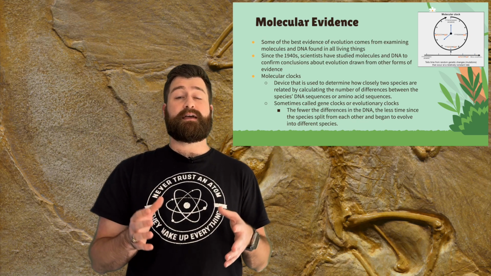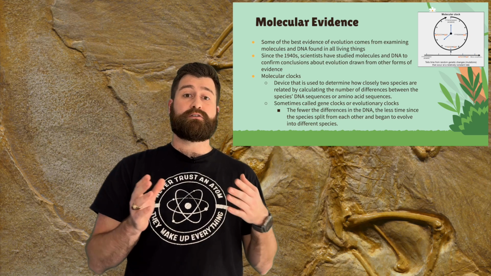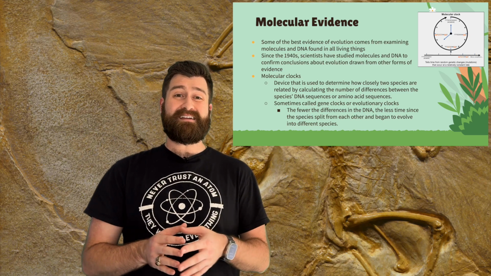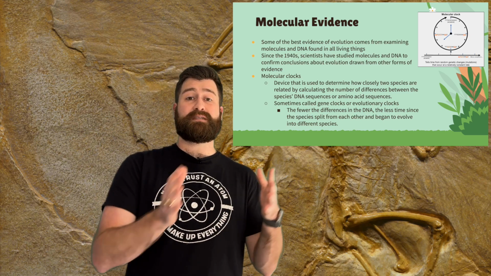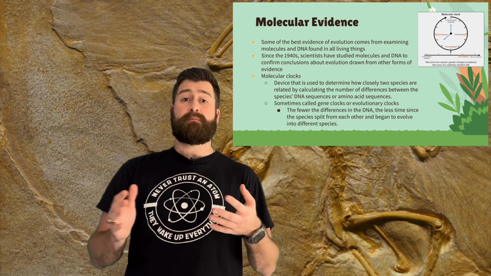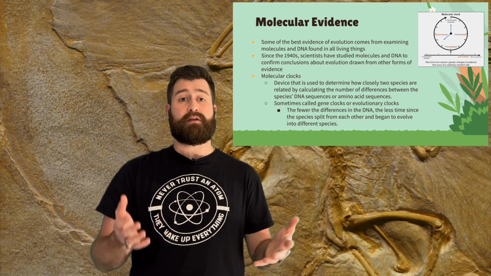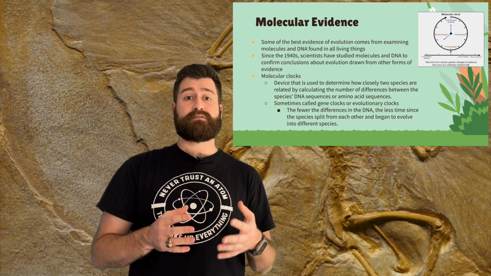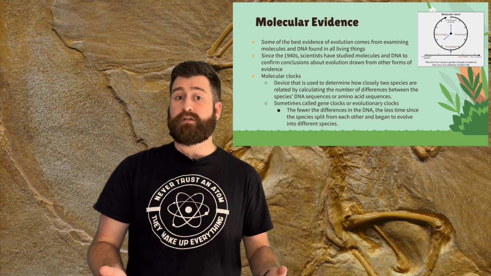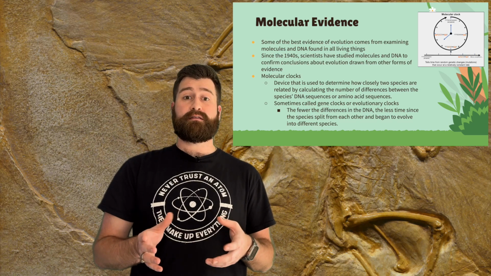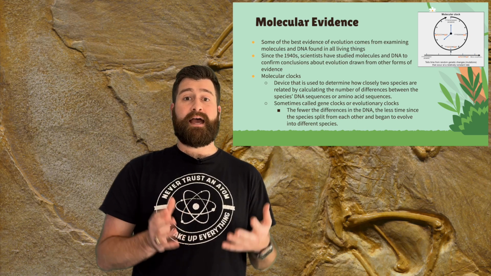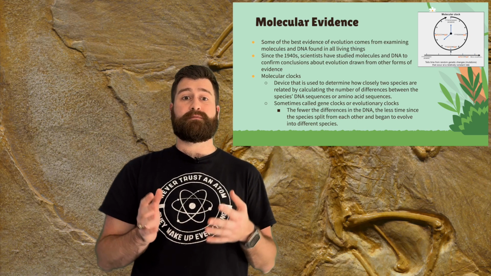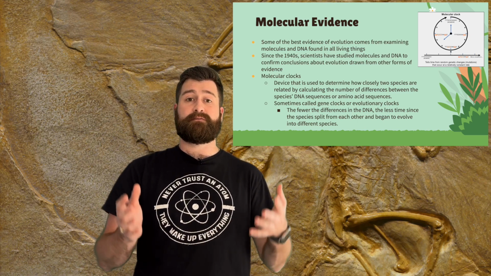Molecular clocks are a device that are used to determine how closely two species are related by calculating the number of differences between the species' DNA sequences or amino acid sequences, and then comparing them. Sometimes molecular clocks are called gene clocks or evolutionary clocks as well. With these, the fewer the differences in the DNA, the less time since the species split from each other and began to evolve into different species.